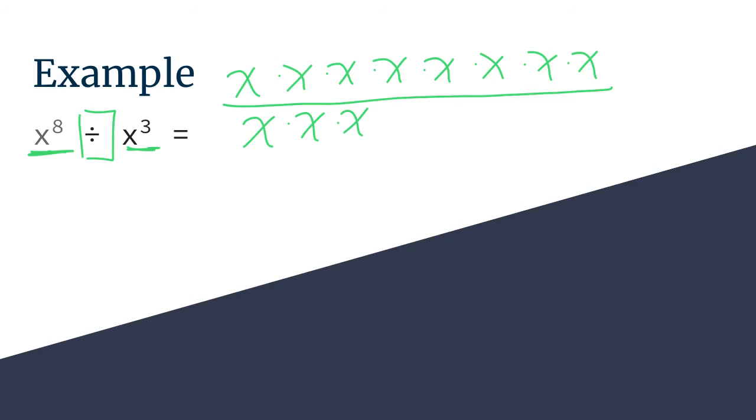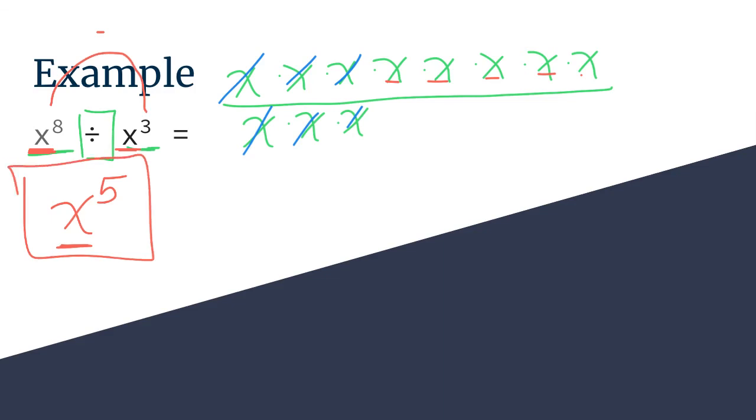So I am going to change colors and I can cancel, cancel, cancel, cancel, cancel, cancel. And my answer is I have x repeatedly multiplied 1, 2, 3, 4, 5 times. For those of you who are catching on to the rule, I kept my base, x, and I subtracted my exponents. 8 minus 3 is 5. And I can't evaluate this.